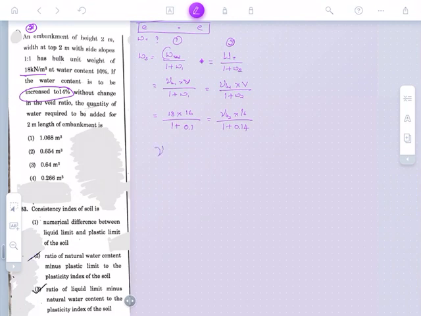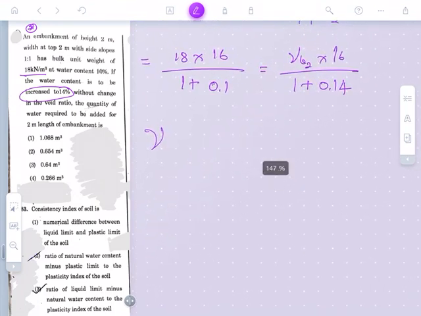So by making use of this equation, I can find the value of gamma bulk 2. You will get it as 18.65 kilonewton per meter cube.